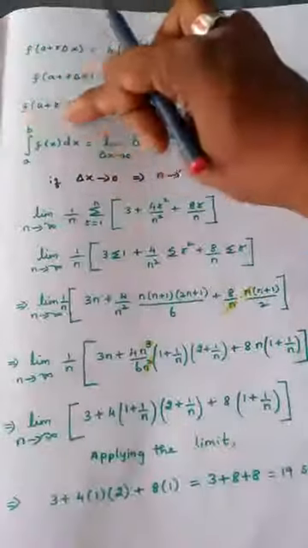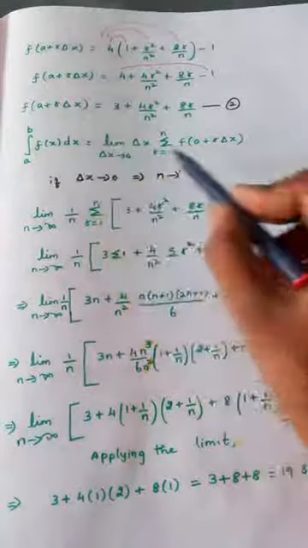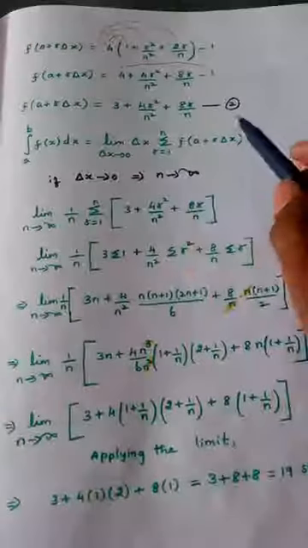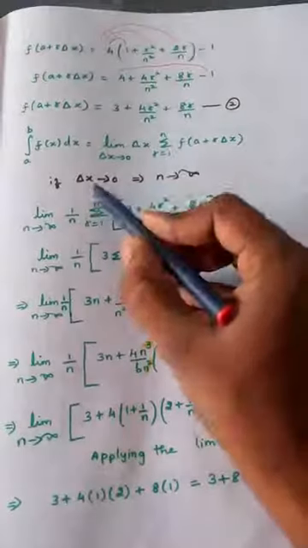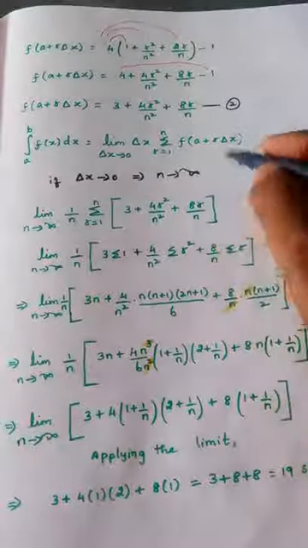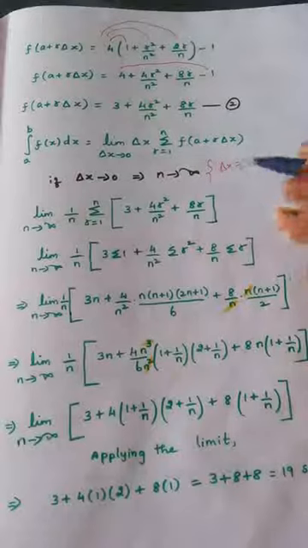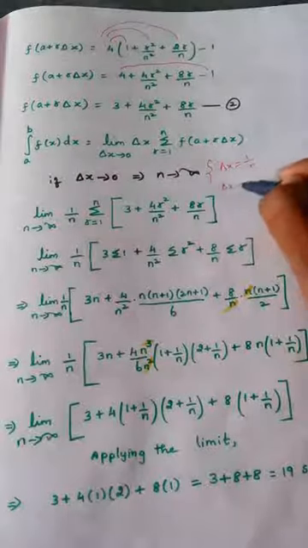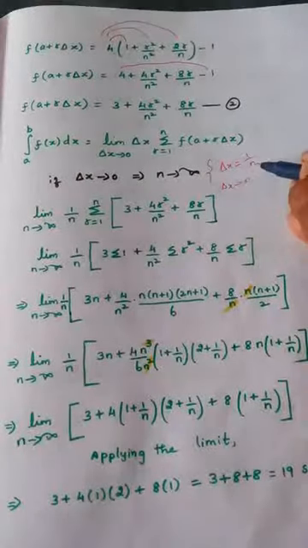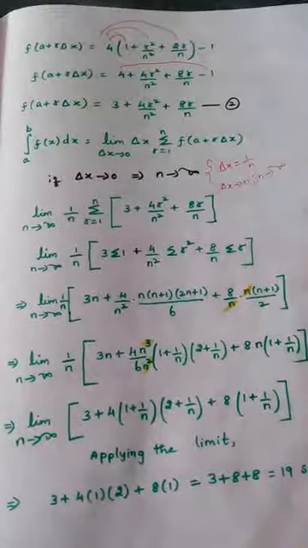Now after finding f of a plus r delta x, we will write the formula. This is the limit formula that we studied. In this we already know, if delta x goes to 0, n will go to infinity. What is the reason? Because delta x is 1 by n. For delta x to go to 0, n should go to infinity, because 1 by infinity is 0.